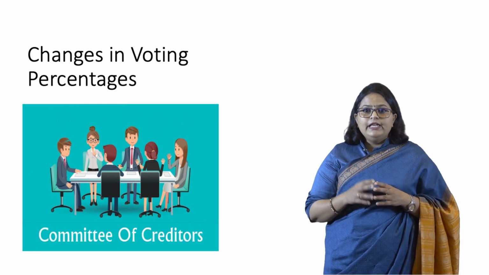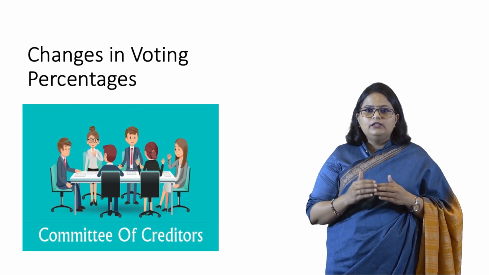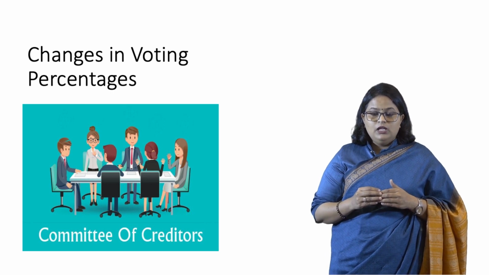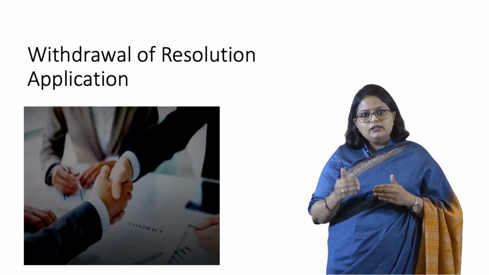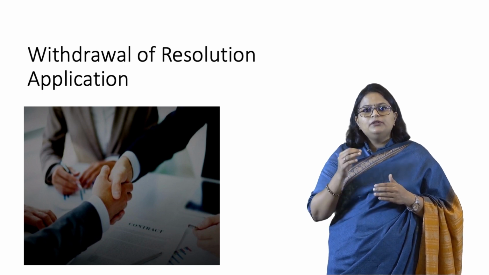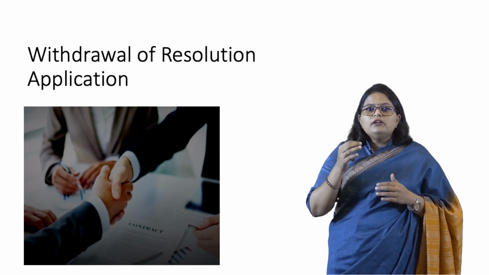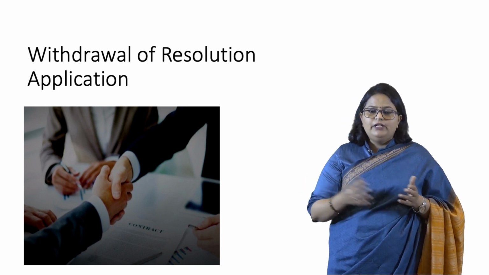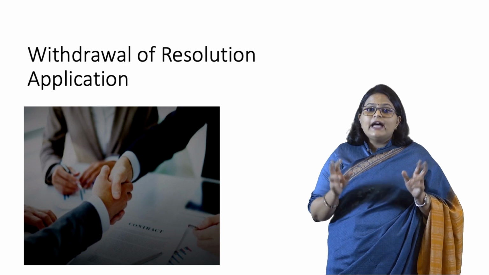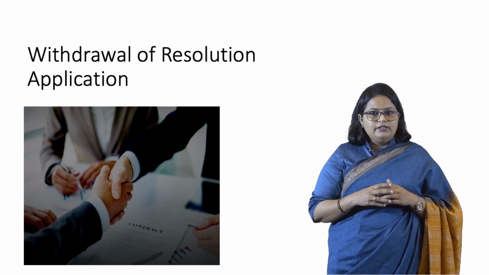This amendment aims to expedite the decision making process. The court now allows the withdrawal of a resolution application submitted to the NCLT before a resolution plan is submitted. This decision can be taken with the approval of 90% of the Committee of Creditors.